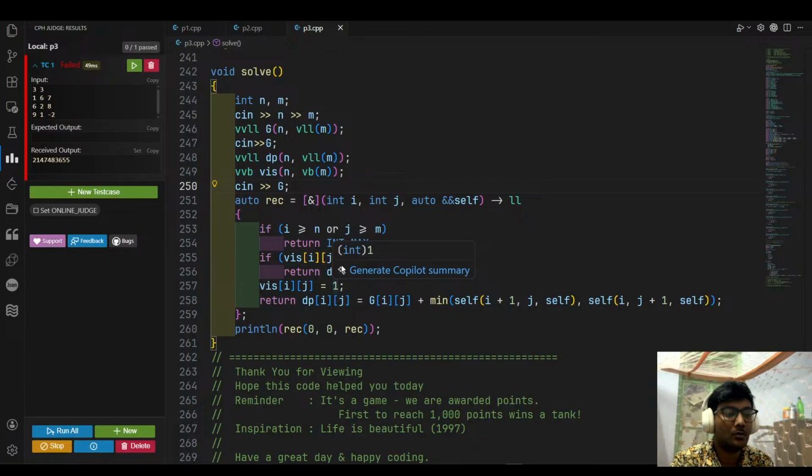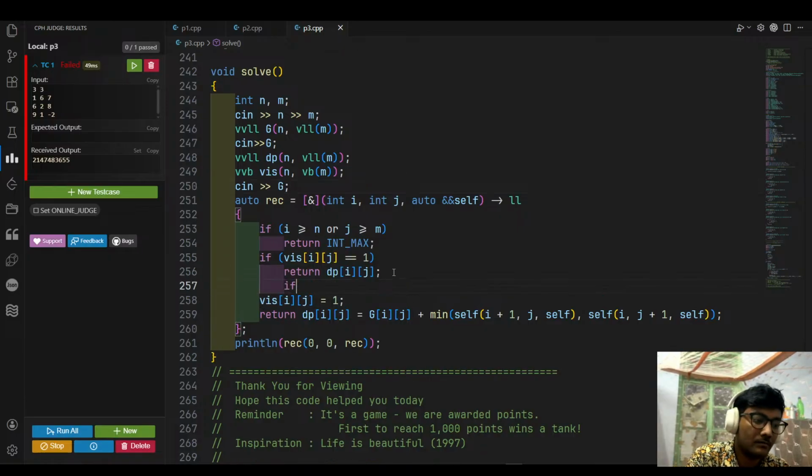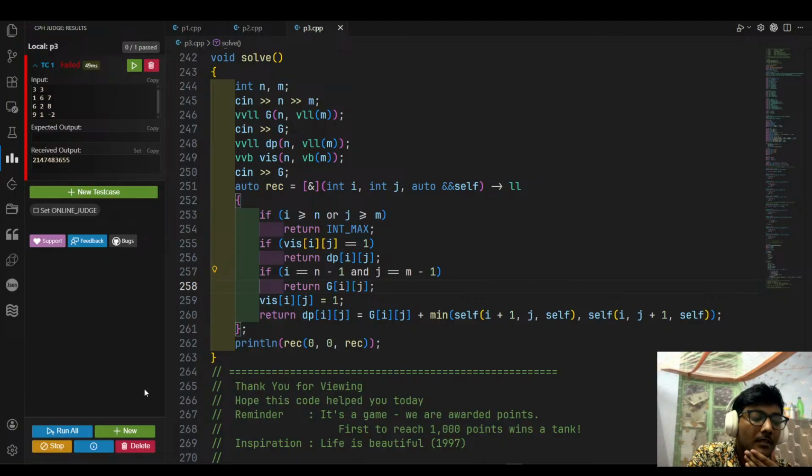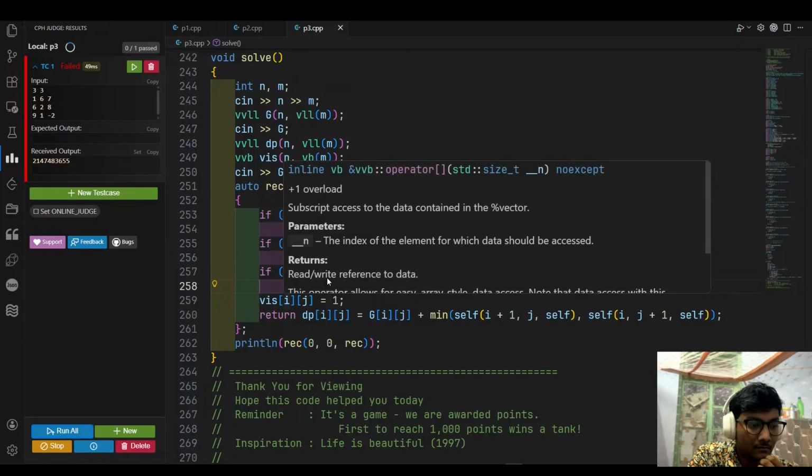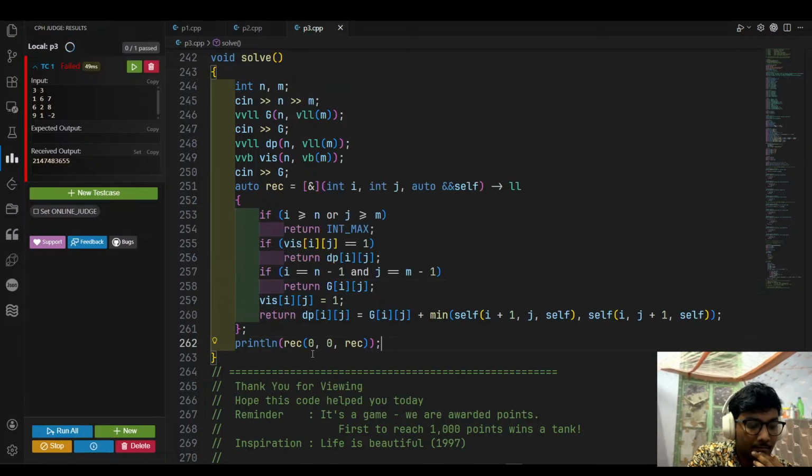Yeah. So if I've reached my destination, if I equal to n minus 1 and j equal to n minus 1, I just return this g of ij as the value. Otherwise, it will always go up to the boundary. Yeah, it is 8.